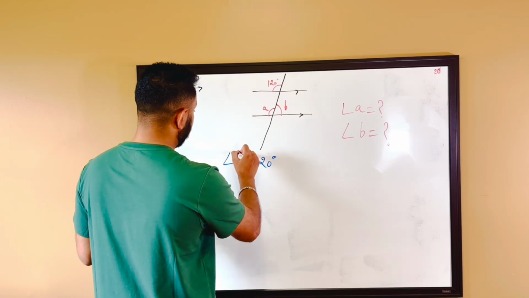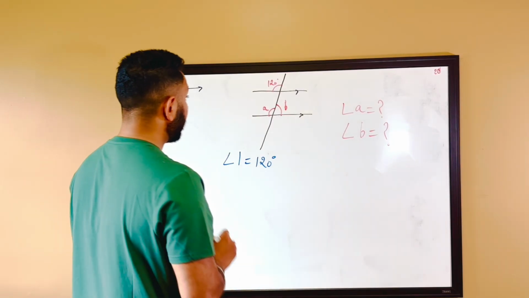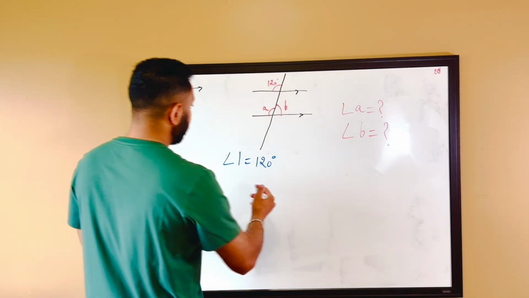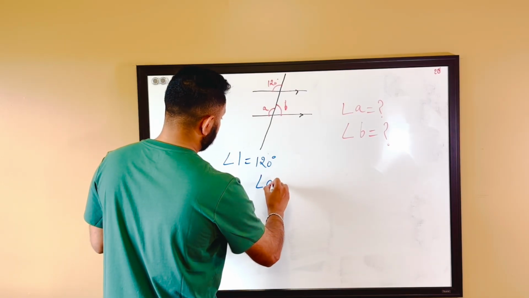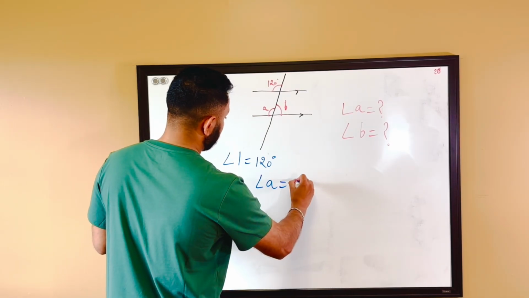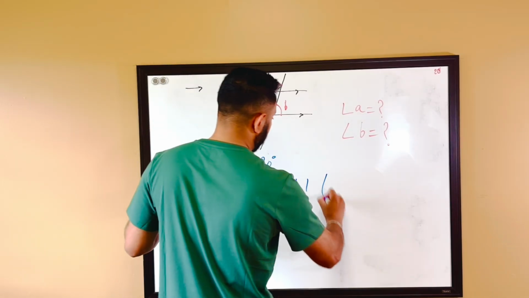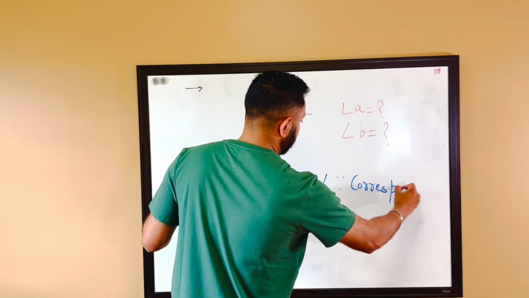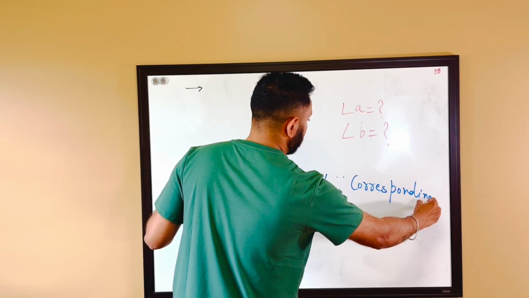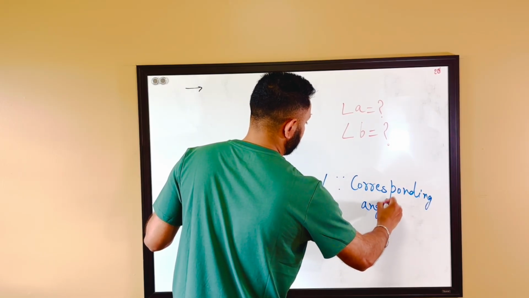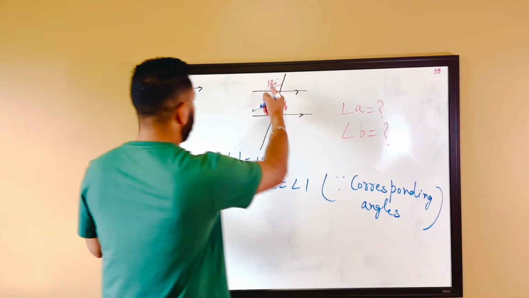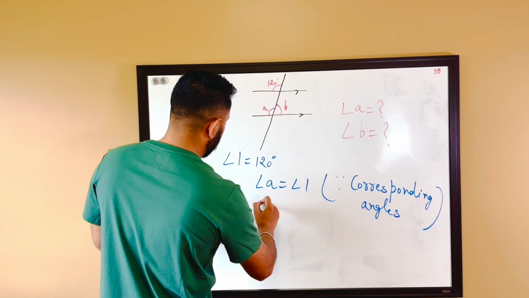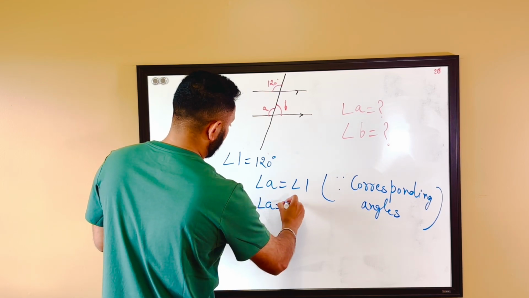Let's say this is angle 1, and we need to find angle A and angle B. Here we can see that angle A is equal to angle 1 by property of corresponding angles, because corresponding angles are equal. So angle A is 120 degrees.